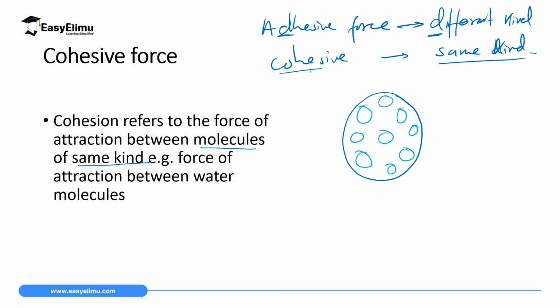Between these molecules there is a force of attraction, and this is the one that we are referring to as cohesive force. You can see this force is acting between molecules which look alike, all molecules of the same substance, that is water.